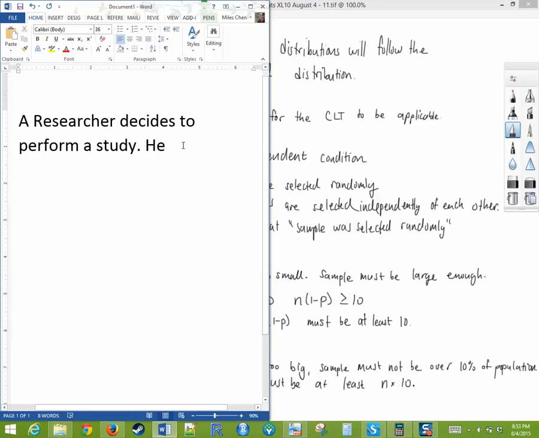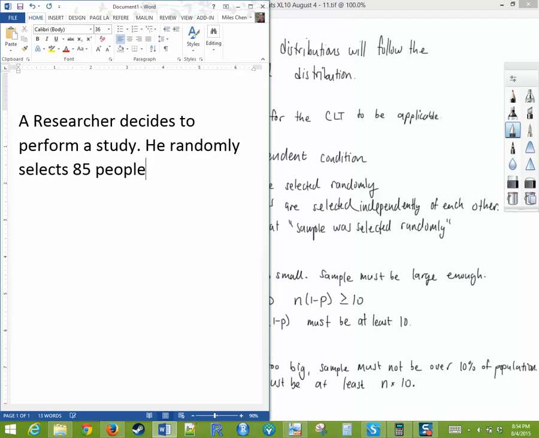Okay, a researcher decides to perform a study. He randomly selects 85 people.